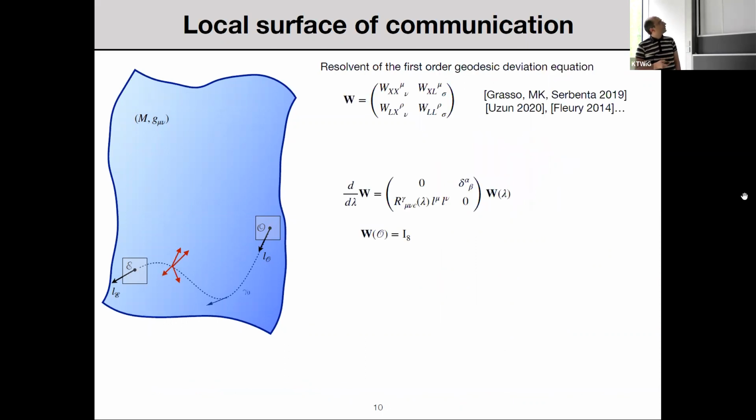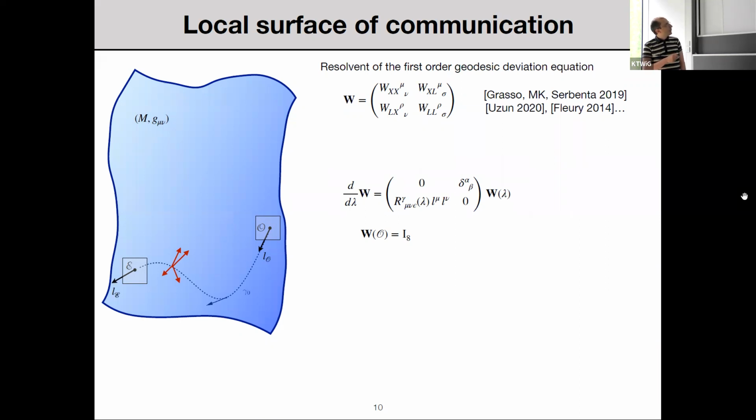Okay, so let me go further. How do you get this extrinsic curvature from the curvature tensor? Well, the idea is to take the resolvent of the geodesic deviation equation along this null geodesic. The geodesic deviation equation along the geodesic is a second order equation. If you give the initial value and the value of the initial derivative of the solution, you should be able to recover it everywhere. And since it's linear, the solution at any point is a linear function of the initial data.